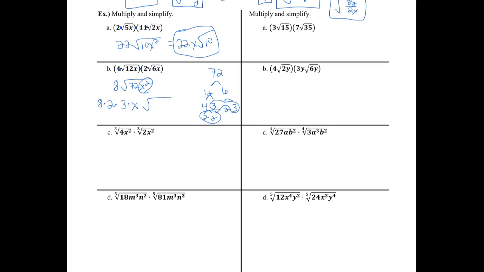Anything that's left, I see there's a 2 over here, and no variables, all the variables came out, so only a 2 goes underneath the radical. Now I've got 8 times 2 times 3 times x. 8 times 6 is 48. 48x square root 2.